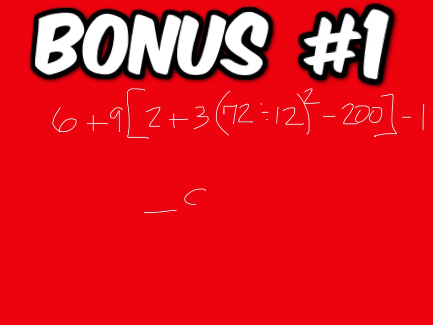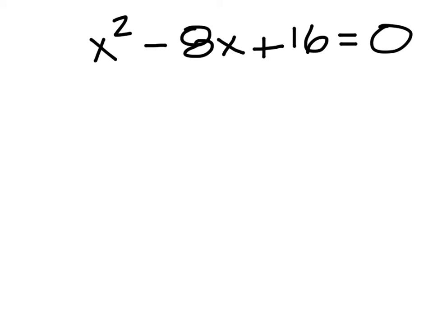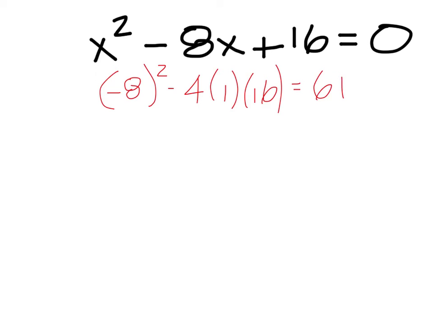Answer to this one is negative 805. The discriminant is the square of negative 8 minus 4 times 1 times 16. So that's going to come out to be 64 minus 64, which is a 0.